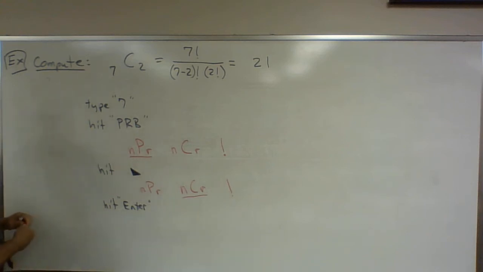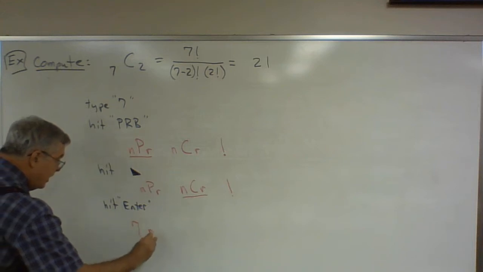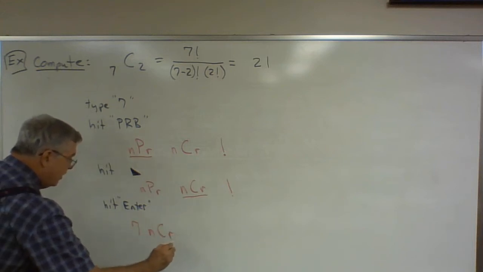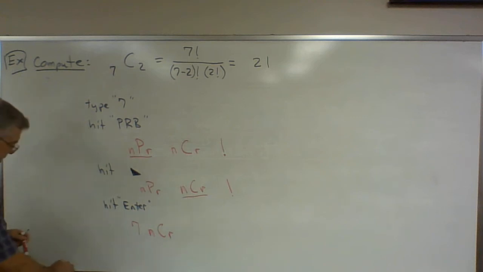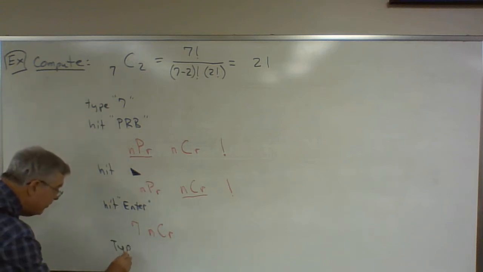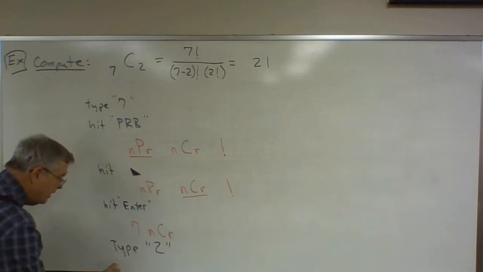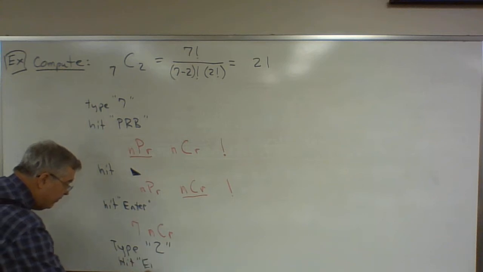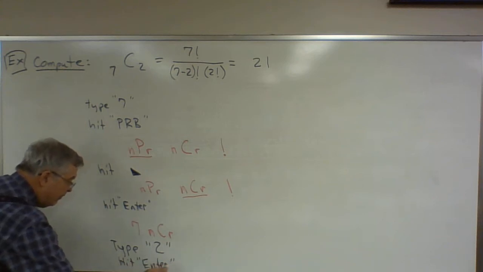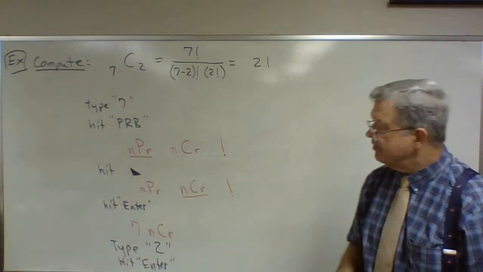And on the screen, what we should see at this point is 7 NCR. And we type in 2. And hit enter. Did I fit all of that in? By golly, I sure did.